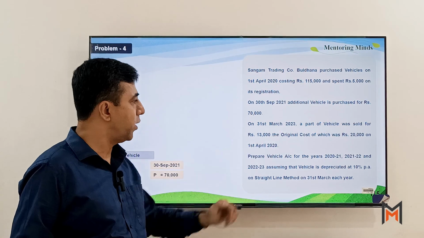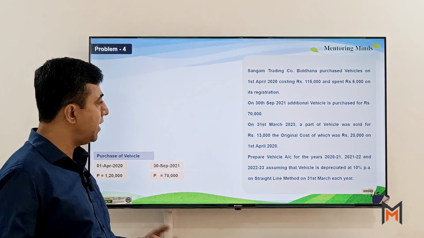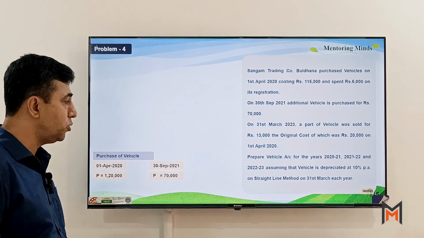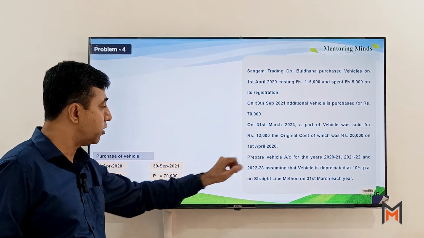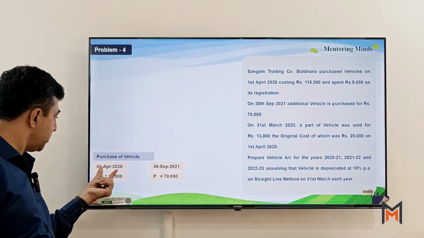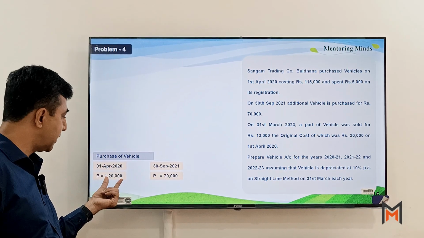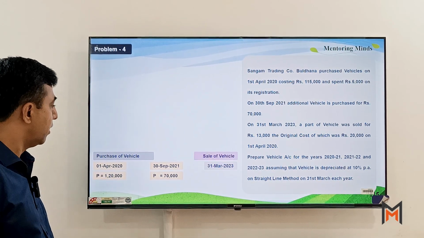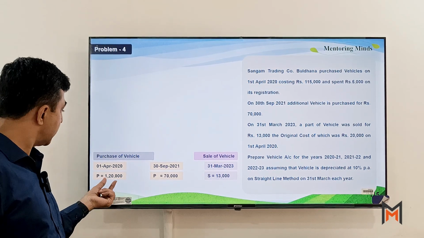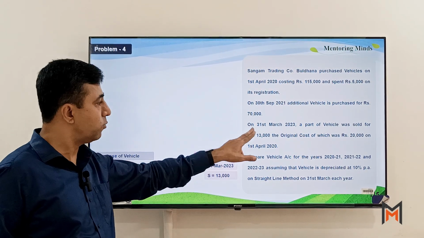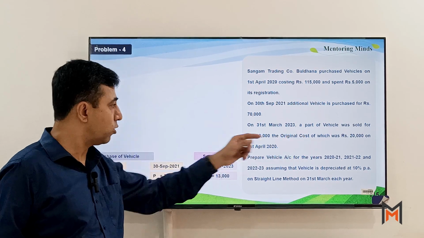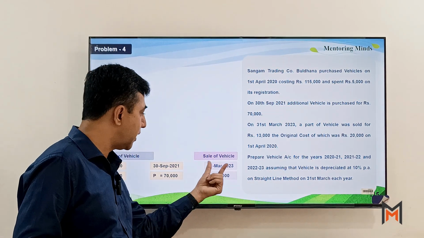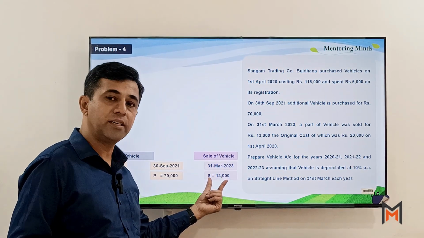On 31st March 2023, we are selling a part of the asset which original cost was 20,000 and this cost was on 1st April 2020. यानी 1st April 2020 को जो भी asset हमने खरीदा उस asset के दो parts थे। सर मतलब हमने जो asset खरीदी 1,20,000 की, that was having two parts. One was of 1 lakh, the other one was of 20,000. And this 20,000 का asset we are selling it for 13,000.